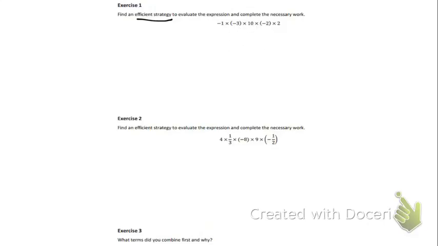Okay, I'll just show you here. I was just trying to show you this efficient way, not the way necessarily I want you to do it. Anyway, I'm disregarding negatives and positives right now, just going absolute value. So 1 times 3 is 3, times 10 is 30, times 2 is 60, times 2 is 120.